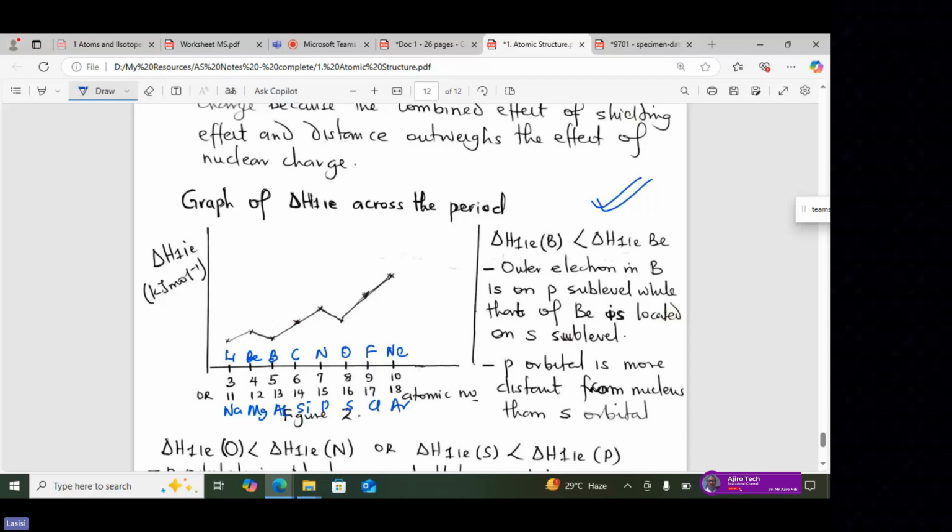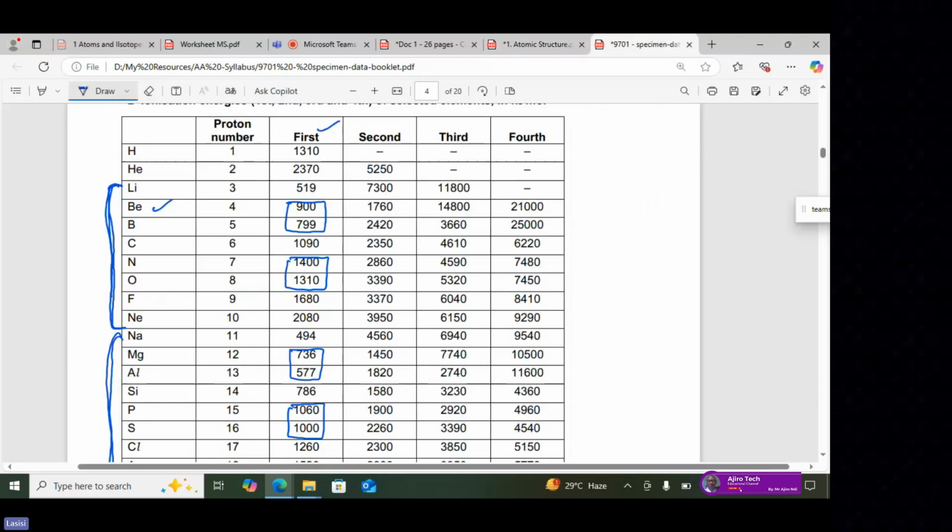The outer electron in boron is on a p sublevel, while that of beryllium is located on the s sublevel. A p orbital is more distant from the nucleus than an s orbital, because the p orbital has more energy, therefore it's more distant.